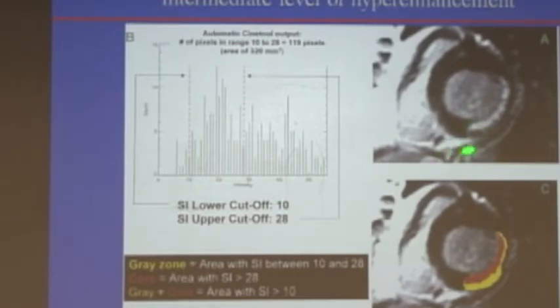But if you look at this area here, which is still part of the left ventricular wall, it looks gray. It's not black and it's not white. That's really where this whole gray zone notion came from. Histologically, it's probably a mixture of normal looking tissue and scar.